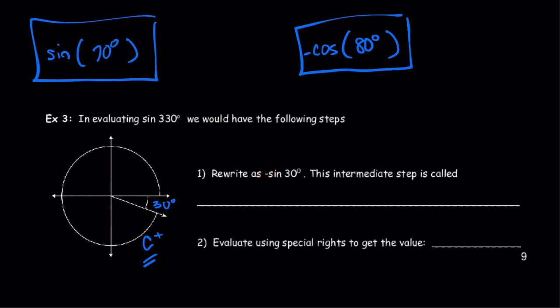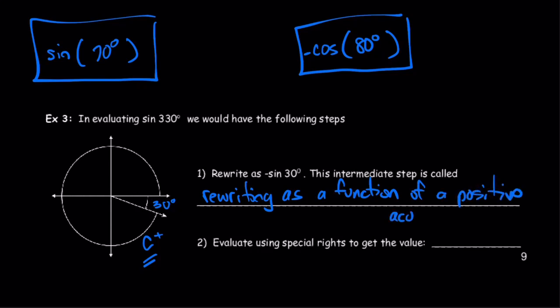This intermediate step is called, as we've been doing, rewriting as a function of a positive acute angle. And we want to go one step beyond that. Now we want to evaluate.